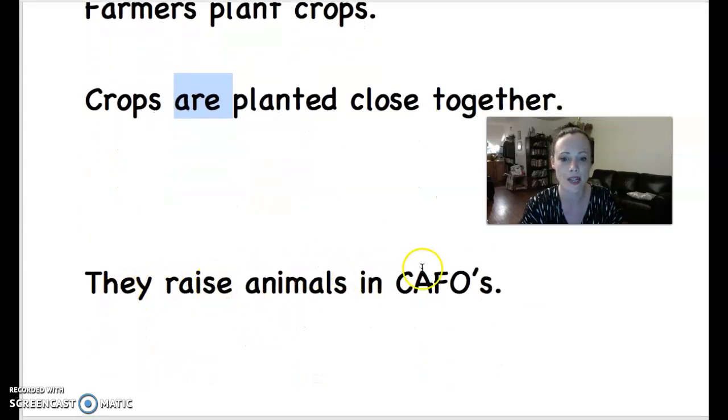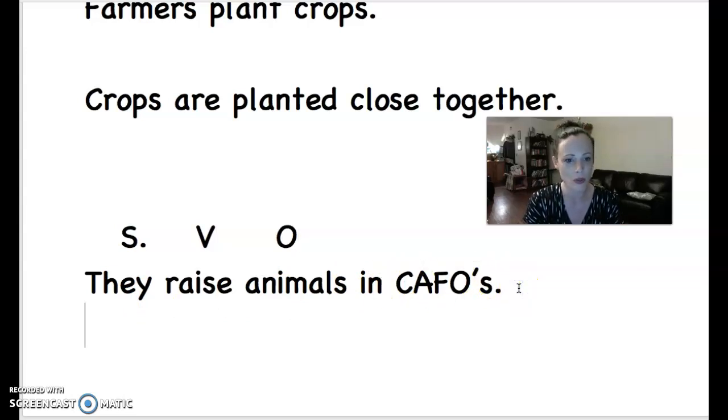They raise animals in CAFOs. So they is your subject, raise is your verb, and animals is your object. Then we have a prepositional phrase here. But maybe you don't want to talk about they, and this would be farmers again, right? You're focusing on animals.